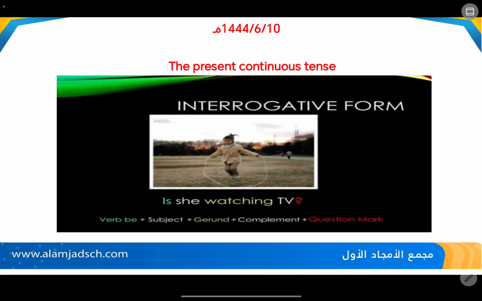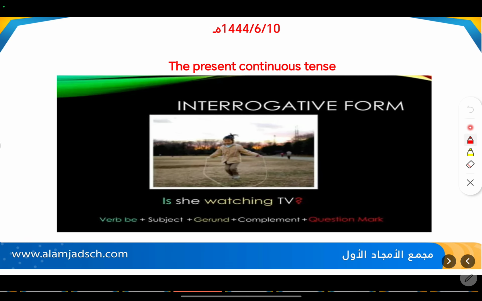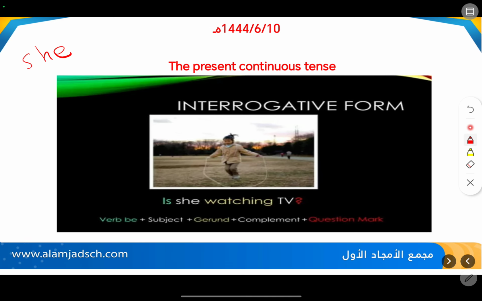This is the present continuous tense or present progressive tense, and this is the question form. How to make a question? As I told you, in the affirmative form, we start with the subject pronoun, for example, she, and after that we added the auxiliary verb, is.